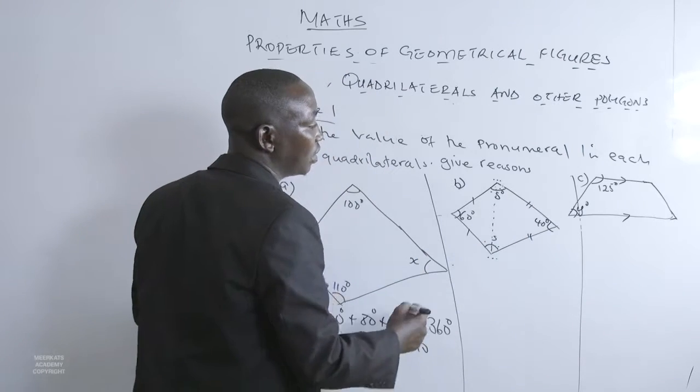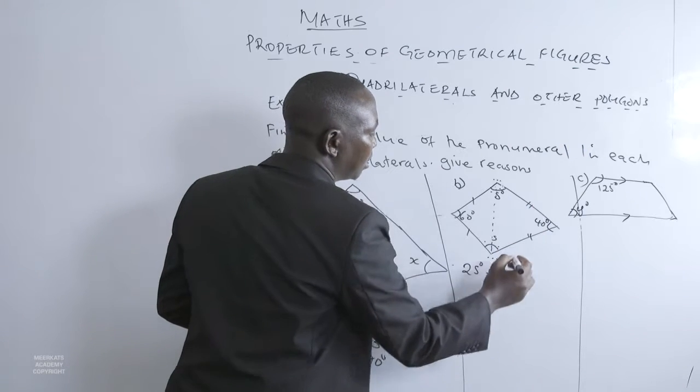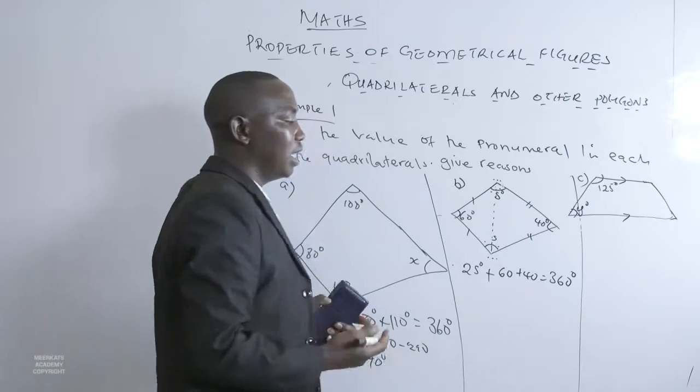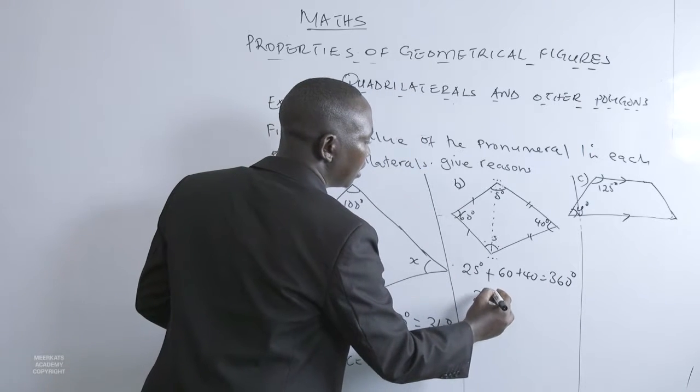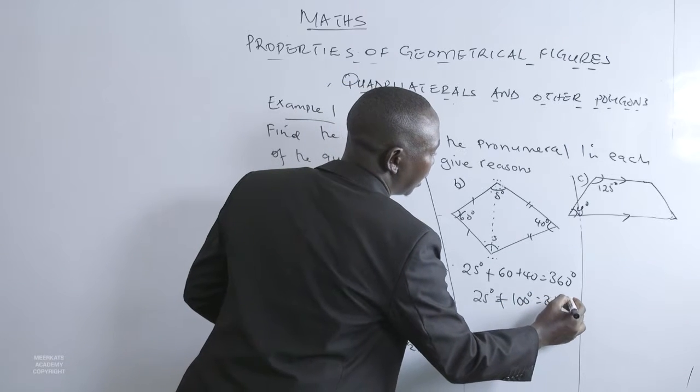So this will be S. S plus S is 2S. So 2S plus 60 plus 40 is equal to 360 degrees. This will be 2S plus 100 degrees is equal to 360 degrees.